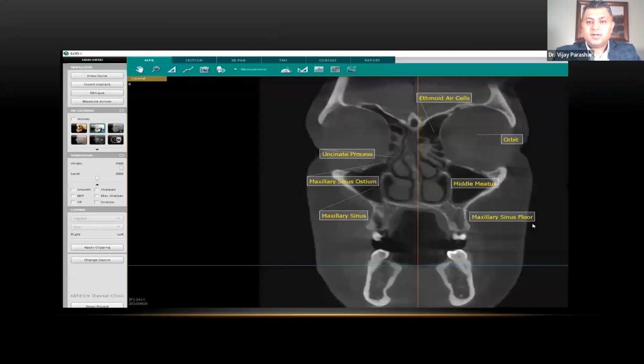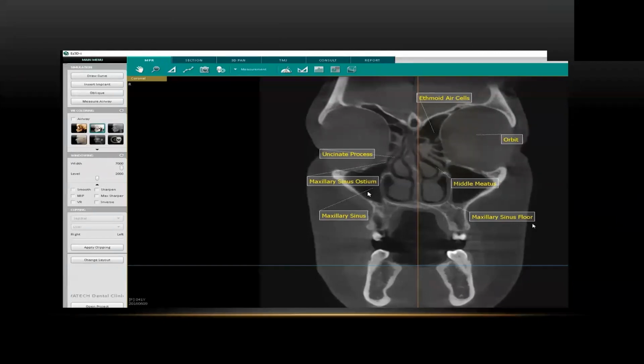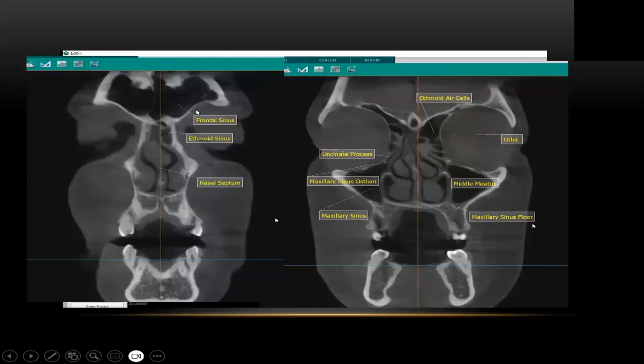More anatomy, real quick. So here we have ethmoid air cells that drain into the superior meatus. We have the maxillary sinus. This is the maxillary sinus ostium, this tiny little pathway through which the maxillary sinus drains into the nose. Just sinuses, frontal sinus, ethmoid sinus.